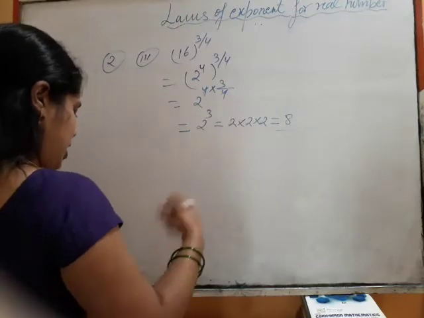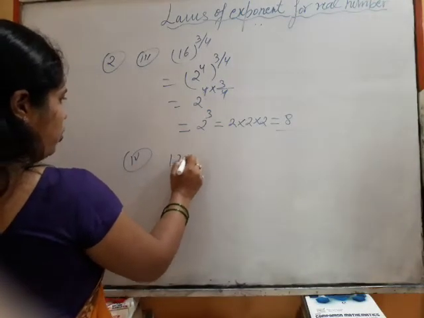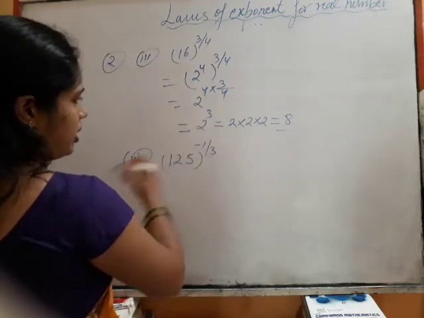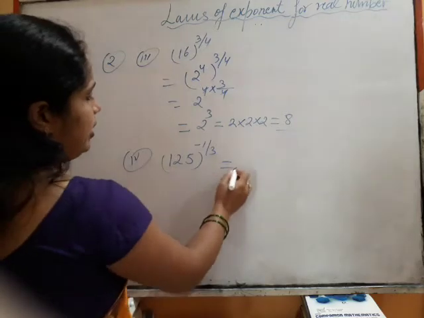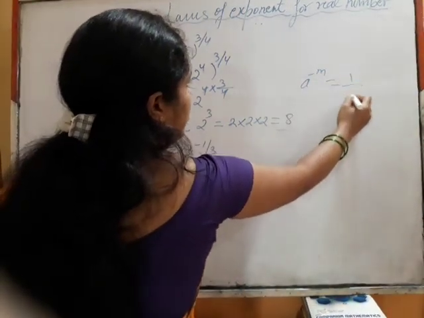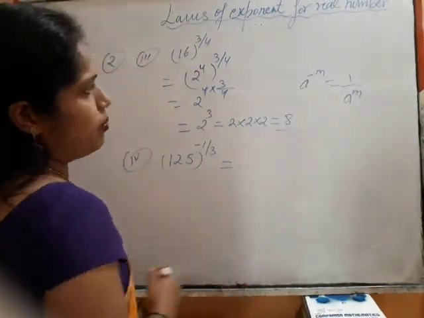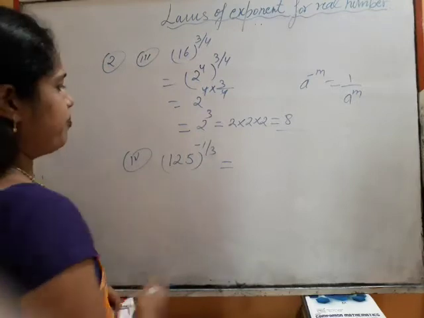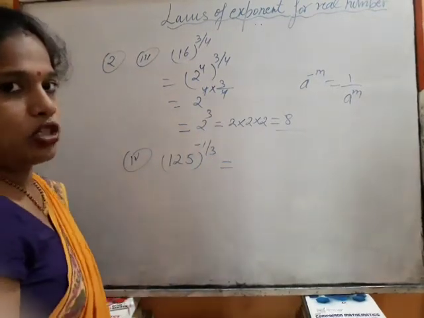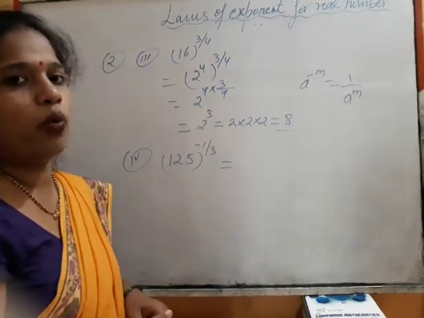Okay. Now another example. 125 whole raised to the power minus 1 upon 3. It will go according to the law: a raised to the power minus m is equal to 1 upon a raised to the power m. Now here the number in the denominator is 3. So let us find the number which we multiply 3 times to get 125.